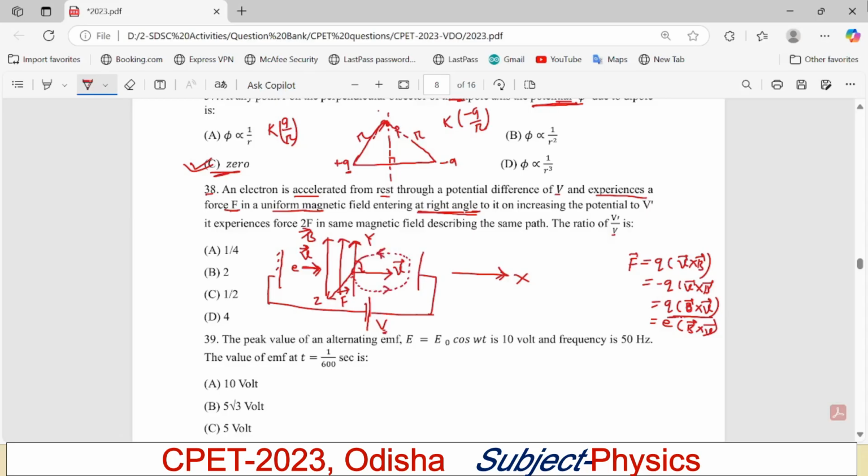So as per the question, when the potential difference is V, the force is F. When the potential difference is V dash, then the force is 2F. So what is V dash by V?